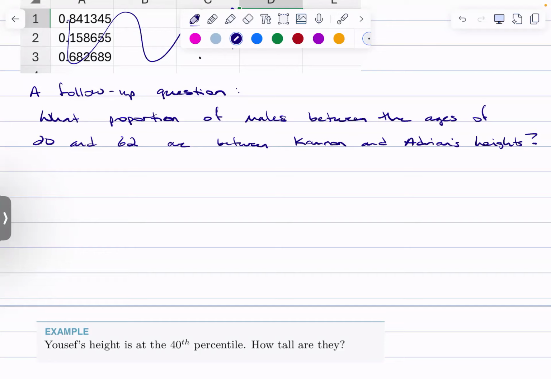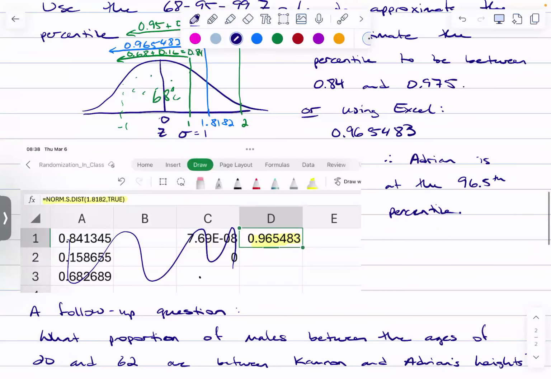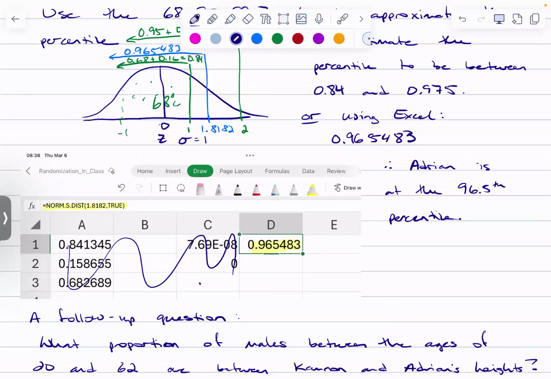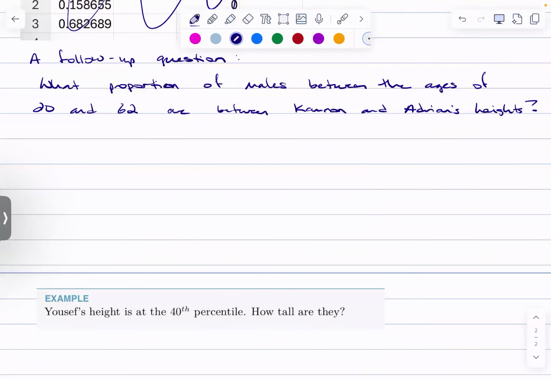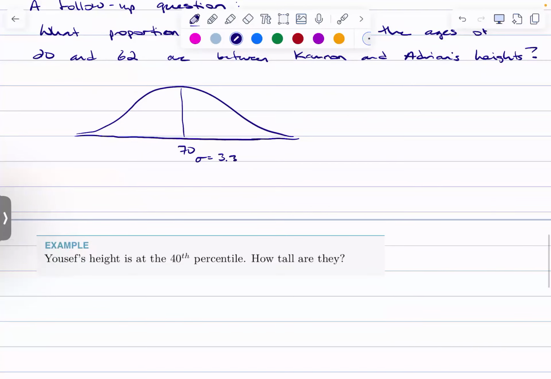Okay, let's have a look back. Proportions are probabilities, are percentages. Really what we're looking for are areas under the curve. And we know the total area under the curve is 1. We've already used that to find our puzzle pieces, right? And so we can take it one step further. I know heights are nearly normal, centered on 70 with a standard deviation of 3.3.